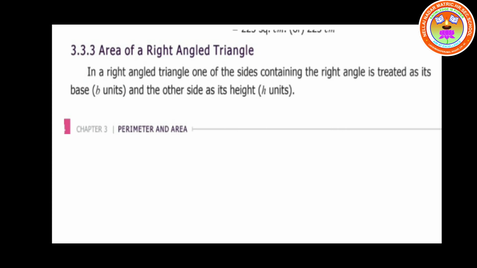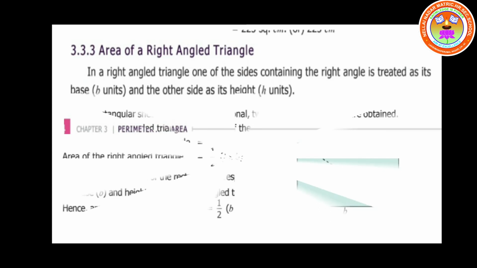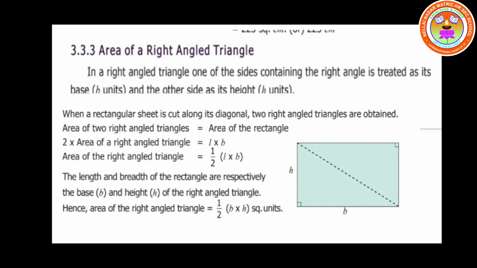Sorry children, next is the area of a right angled triangle. In a right angled triangle, one of the sides containing the right angle is treated as its base B units and the other side as its height H units. B stands for base and H for height. When a rectangular sheet is cut along its diagonal, two right angled triangles are obtained. The area of two right angled triangles is equal to the area of the rectangle.